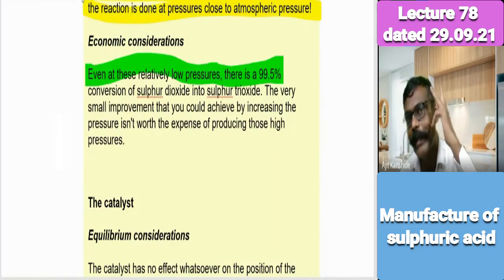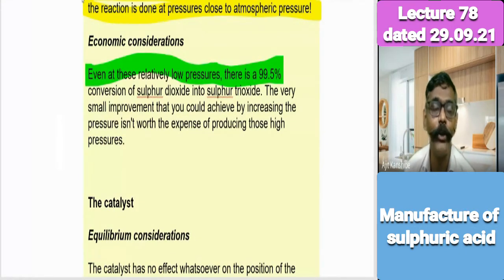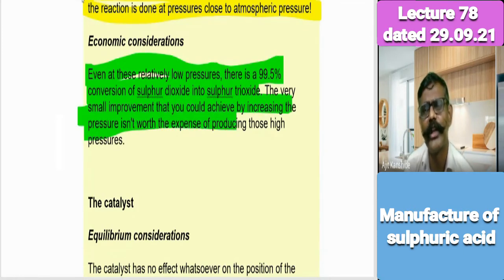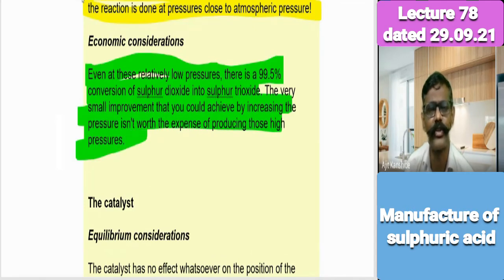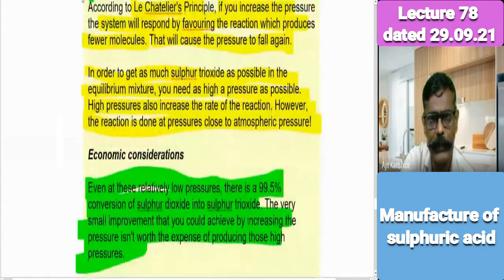At that temperature also we are getting a good yield, so why invest money? Likewise here, why waste our money to increase the pressure if at regular pressure we get the proper yield? A very small improvement that you could achieve by increasing the pressure is not worth the expense of proceeding to high pressure. It is a conclusion. Yes, students, is that point clear?